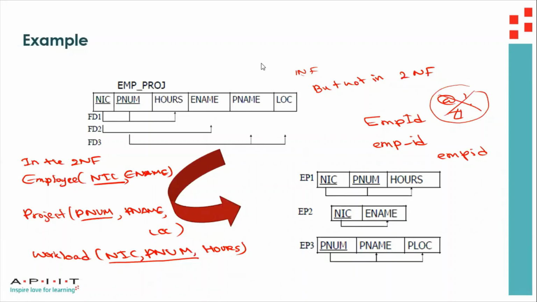If they haven't given it, then you can go ahead with any naming convention that you like. Anything is possible, right?